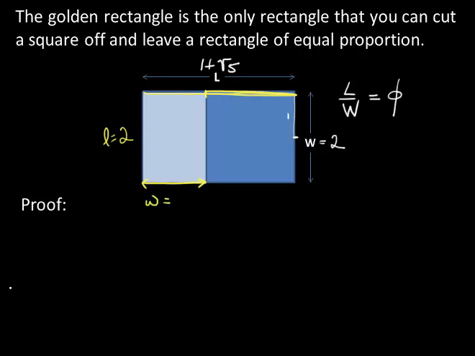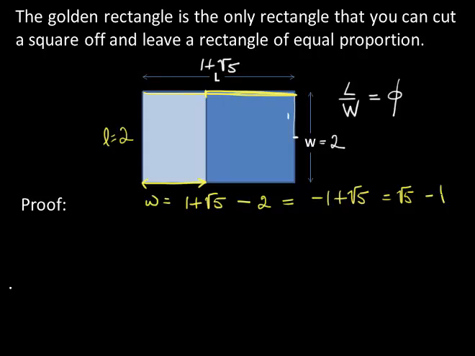So the width is equal to 1 plus the square root of 5 minus the part that we cut off. Well, that was 2. So 1 minus 2 is -1, so let's write -1 plus the square root of 5, or if you prefer, you could write the square root of 5 minus 1. Either way is fine.